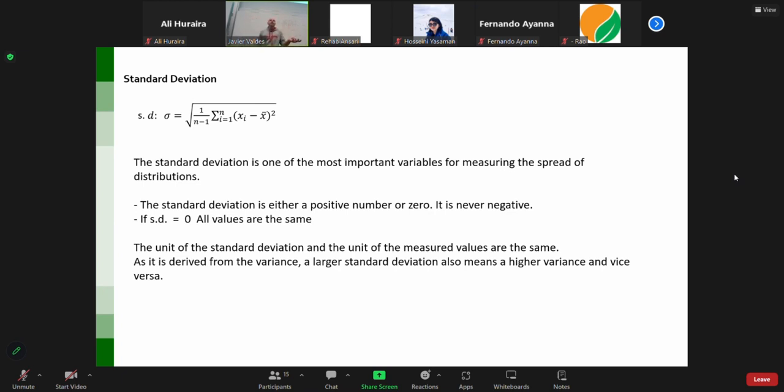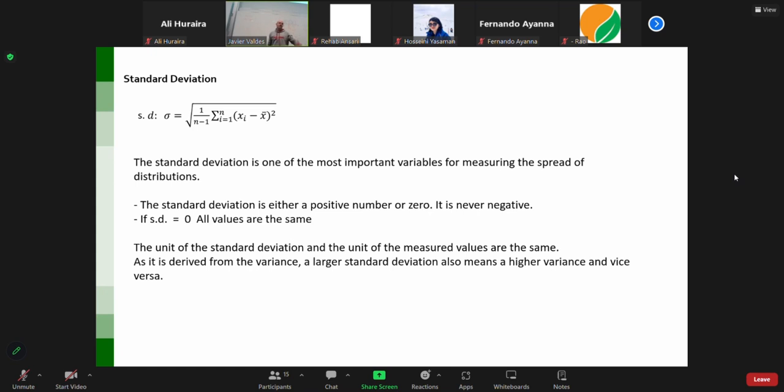How do I interpret this variance? 360 is the accumulation of the squares, because they are not on the same order of magnitude. We have put all these squares inside. If there is one person that is 65 years old, he has a very high impact because it has a square.